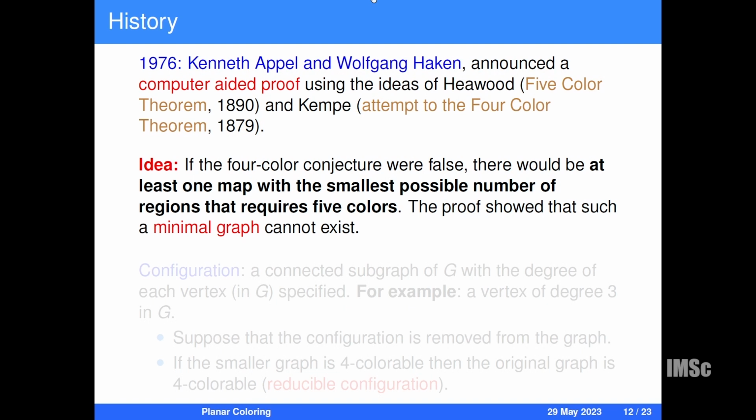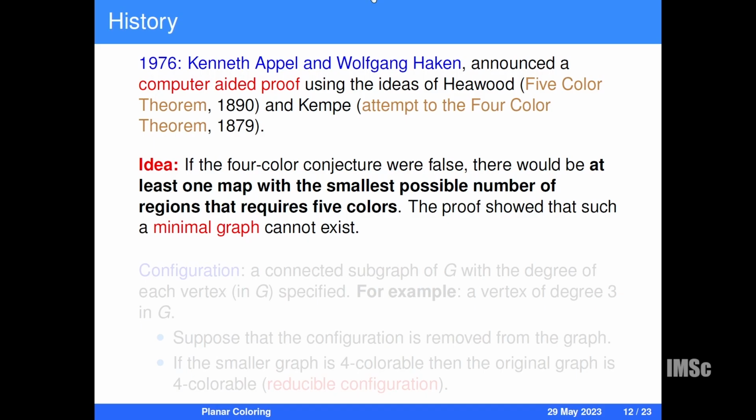So, now the idea is to show that such a minimal graph cannot exist. When I say it is a minimal graph, when I remove something from this map, it becomes 4-colorable. In that sense, it is minimal. All of you are with me? Okay, so the idea is to show that such a minimal graph cannot exist.